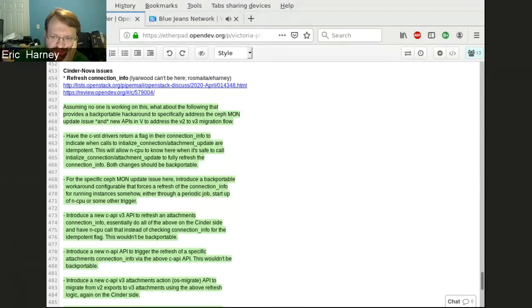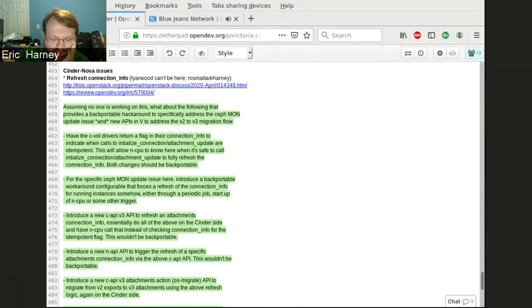Just to frame the motivations that I'm aware of for this: there was one issue that comes up with Ceph, but I don't actually remember what it is. I don't know if it has to do with changing your networking, but there's some case for Ceph where this would be useful to fix a problematic scenario.